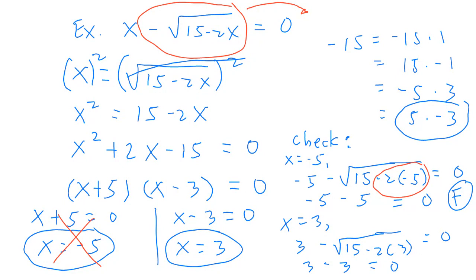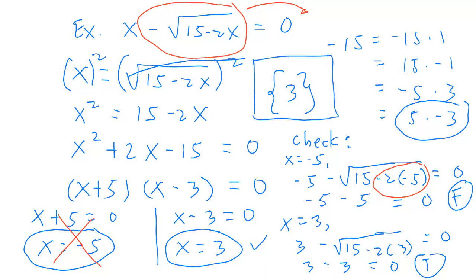So that would be 3 minus 3 is equal to 0, which is true. So in the solution set, we can only actually put 3 as part of our answer. So here, you can see 3, it's the only answer. Again, 3 is the only answer in a solution set for x for this problem.